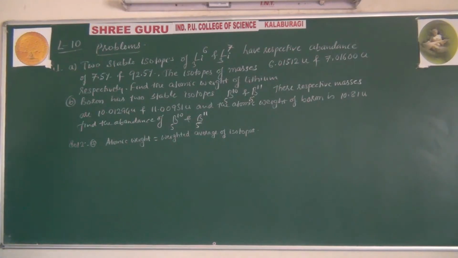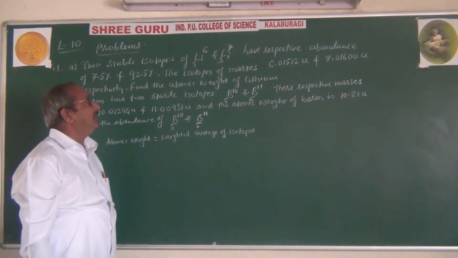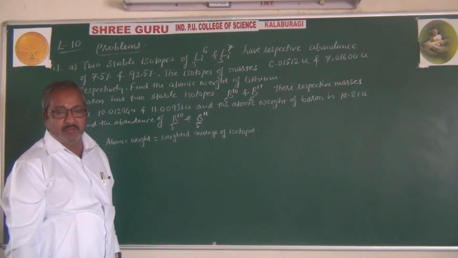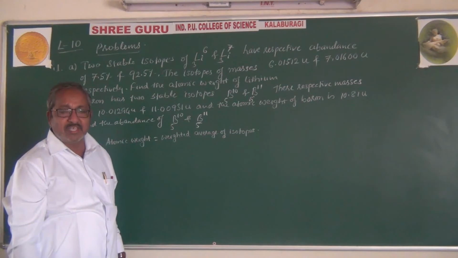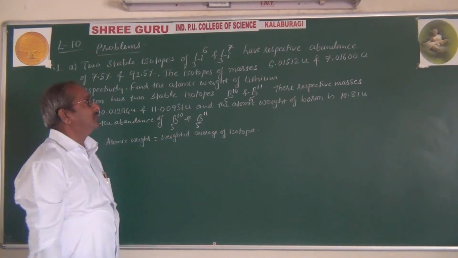Now here is a question based on the nuclei, and the question is of two parts. One: two stable isotopes of lithium, lithium 6,3 and lithium 7,3. Isotopes are the elements which have the same atomic number but differ in mass number.